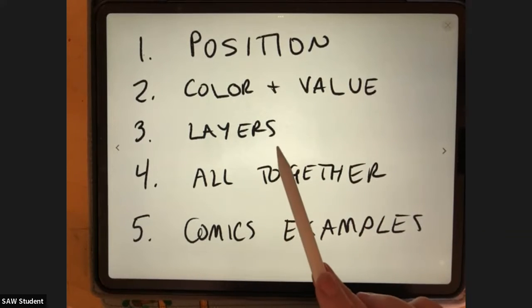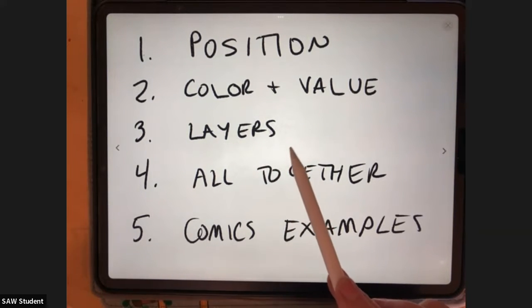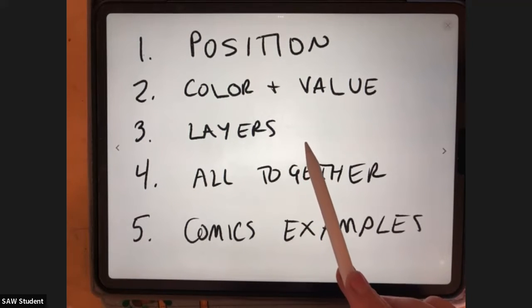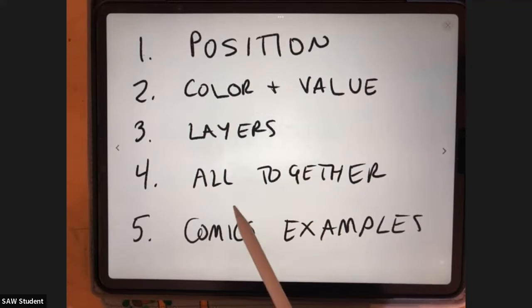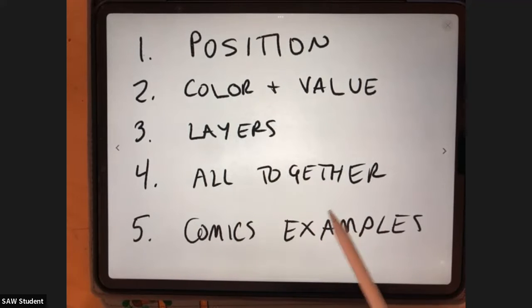Then we're going to look specifically in Procreate and other digital art at how to use layers to create this stuff, which is different than a lot of traditional comics artists who draw everything on one piece of paper. So we're going to use layers, and we're going to review the position, color, and value layers all together. Just a little recap, and I'm going to show you some examples from some comics that I like.